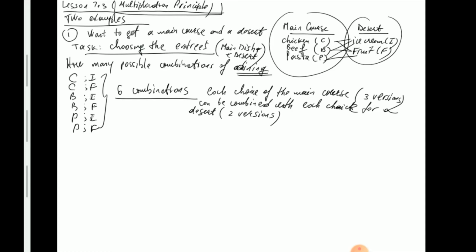So because of that, the total number of combinations really comes from multiplying the number of choices. That's the key thing.